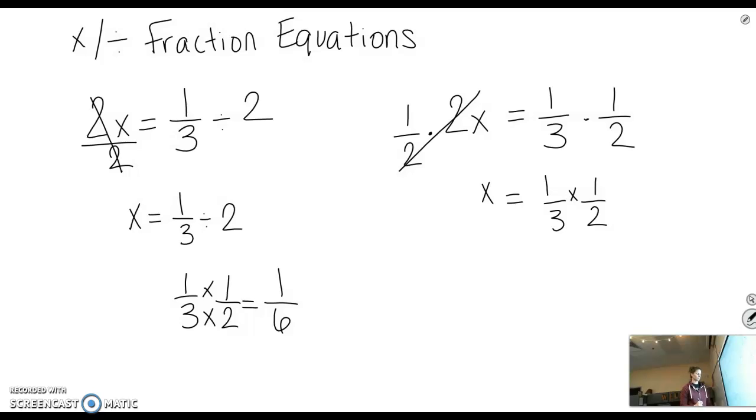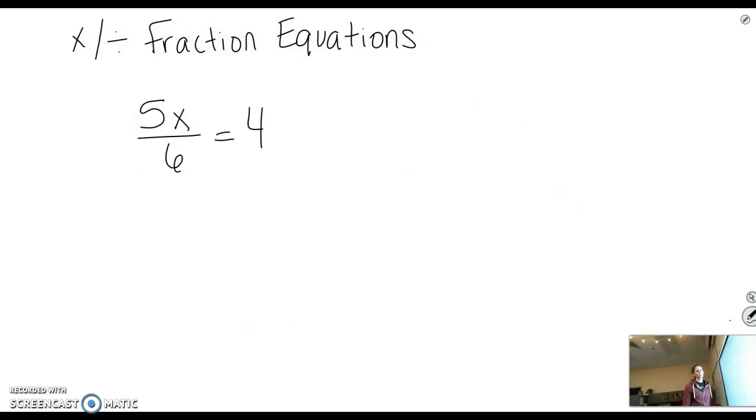Okay? Alright, so in this equation we have 5x over 6 equals 4. So in order to isolate this x, to get the x by itself, I'm going to multiply by the inverse fraction on both sides. Right?